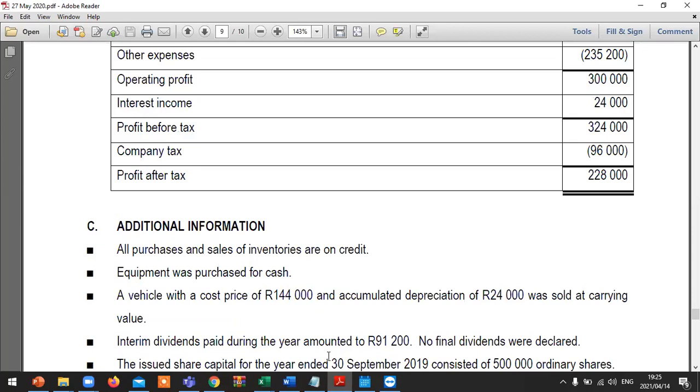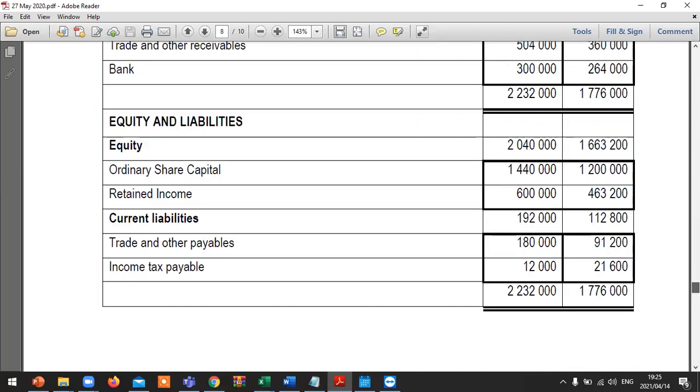Okay, we are only given this piece of information. It says interim dividends paid during the year amounted to 91,200. Let's check on the statement of financial position. There is no shoulders for dividends. So can you see that we're going to use method number 1 that says if you are given the dividends paid during the year, use that amount as your dividends paid.